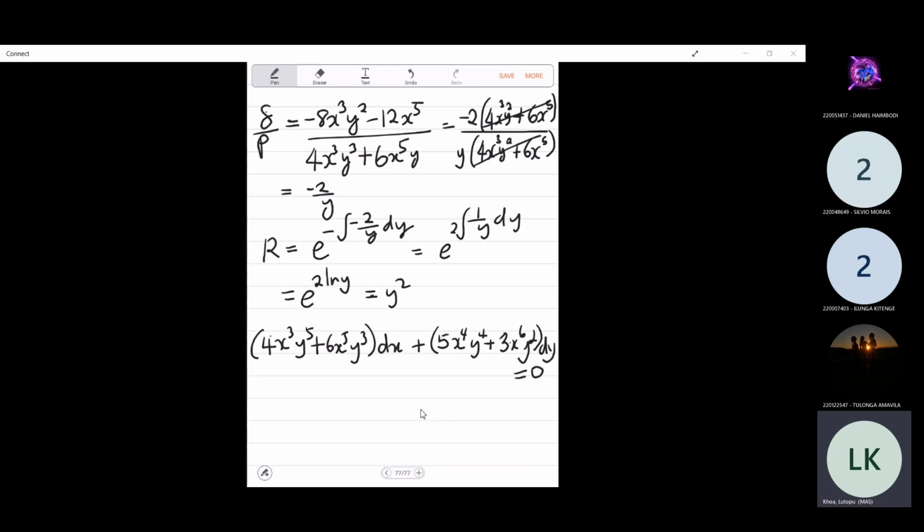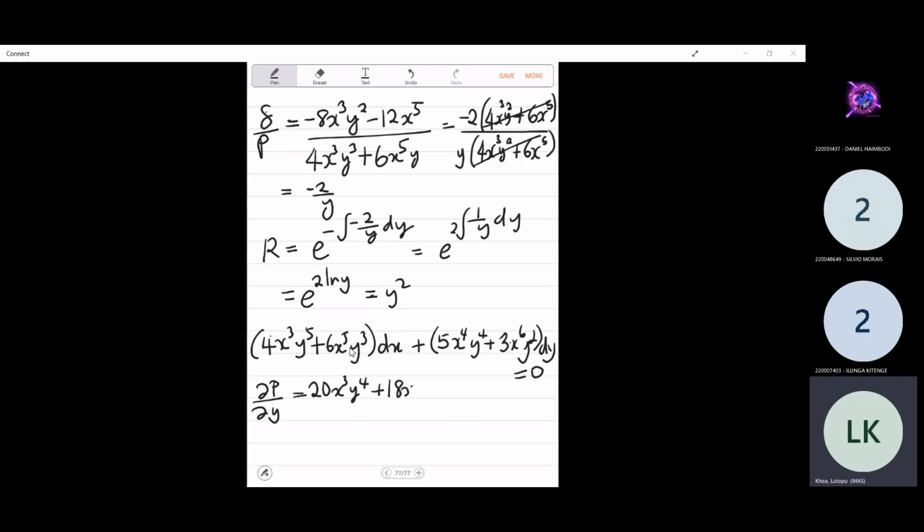So we can find dp dy. So this is our p. We integrate this with respect to y. We have 20x cubed y to the power of 4, and then 18x to the power of 5 y to the power of 2.